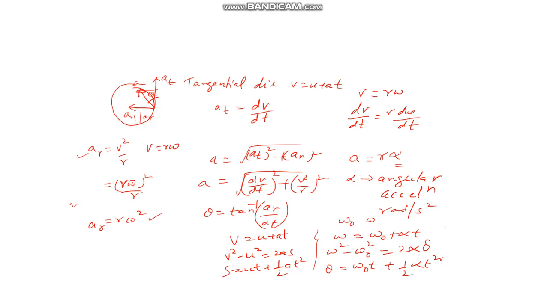So these are the equivalent equations. These are called equivalent equations in circular motion. You can use them in rotation also, we will see that later. So these are the basic concepts you are supposed to know.